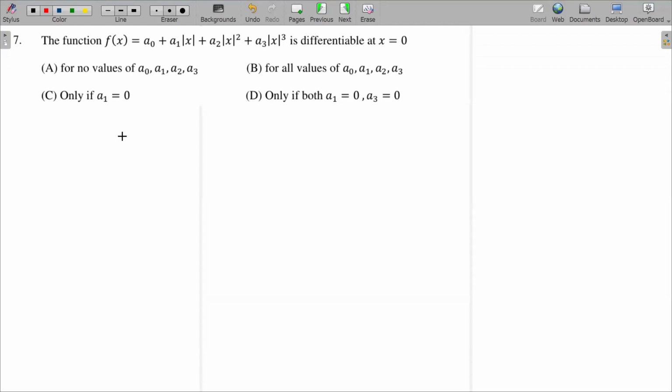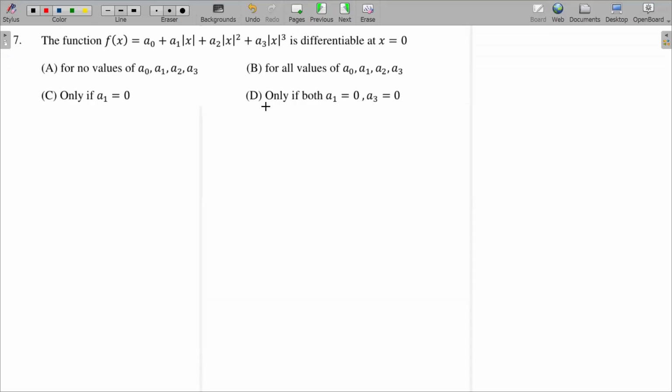Yeah, Akash. So if both A1 and A3 are equal to 0, then we get a simple equation A0 plus A2. That is true, correct, sir? See, if A1 and A3 are 0, yes, you are correct. If A1 and A3 are 0, then the function is differentiable. But how about the reverse?